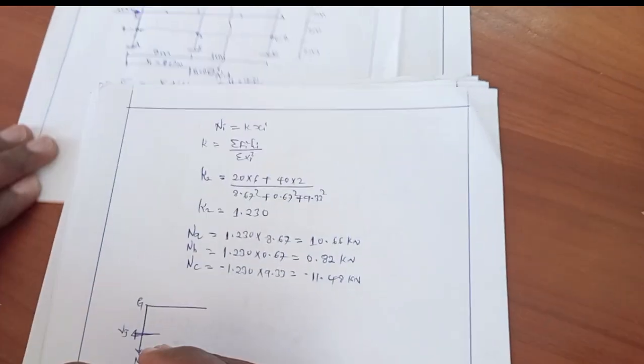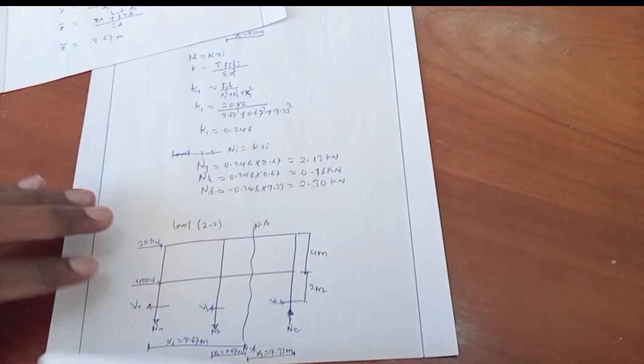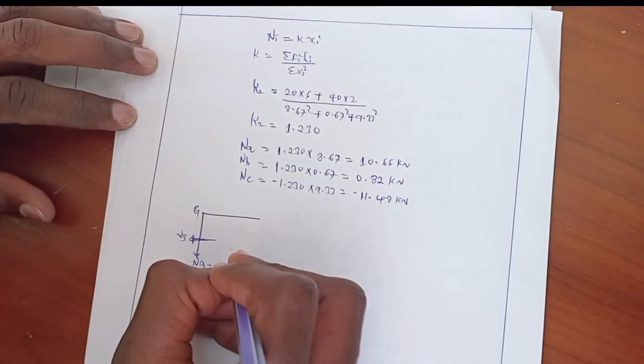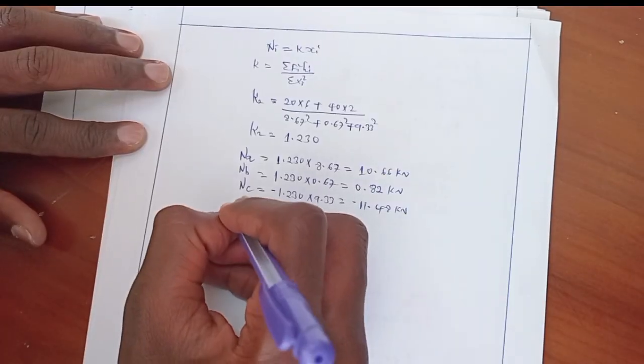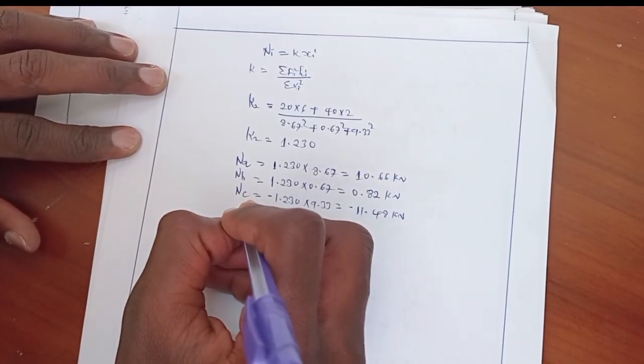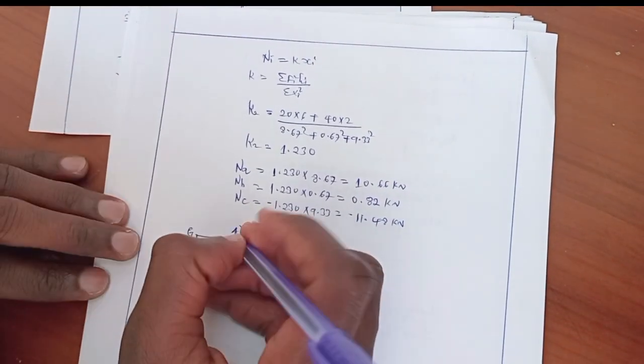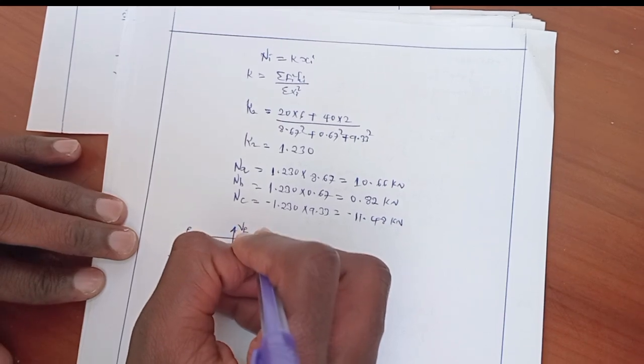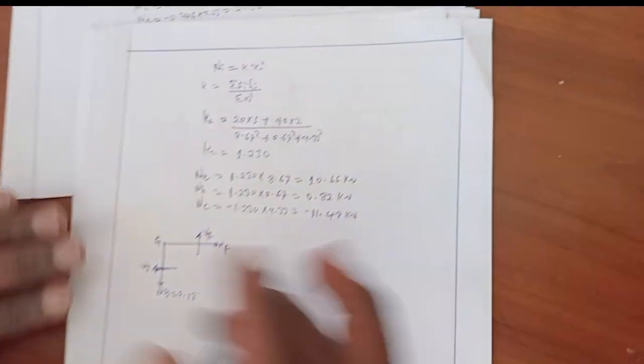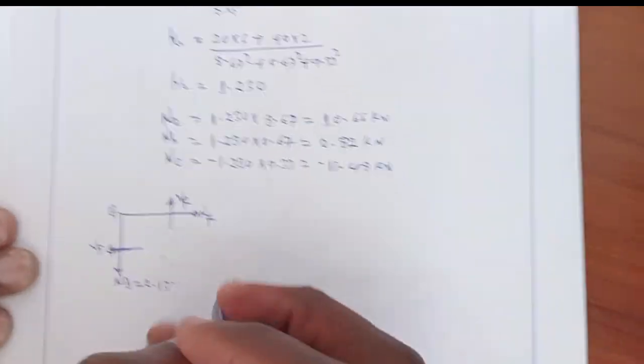We have calculated here, NG was 2.13. Here, this is VF, NF. Our target is to calculate the shear force of horizontal members.